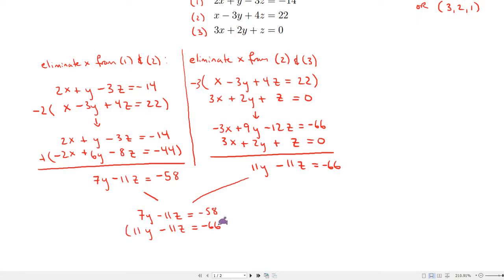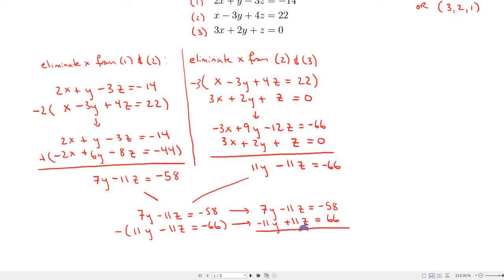So maybe we'll just take the second equation here and negate everything, or subtract them, and what would we get? So these two will have 7y minus 11z is equal to negative 58, and negative 11y plus 11z is equal to positive 66.